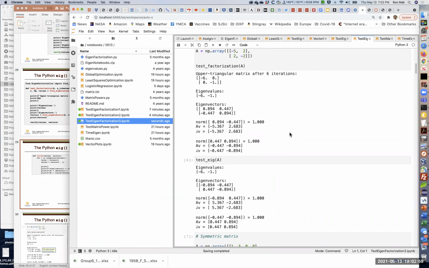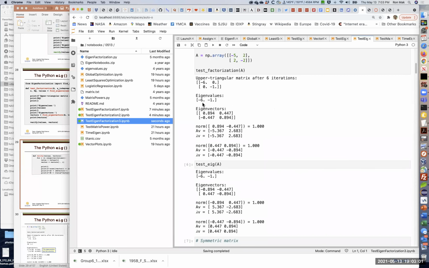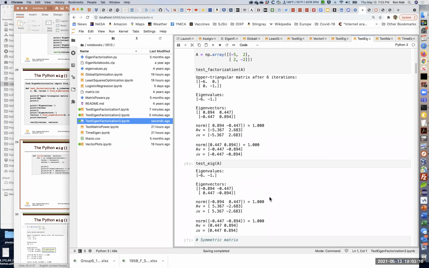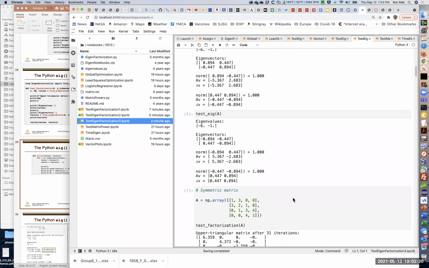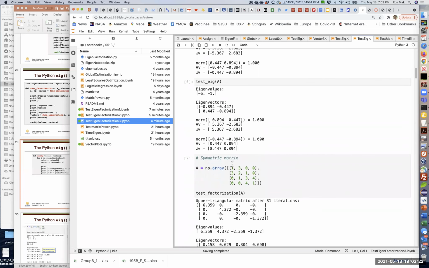Here we have 2 eigenvalues, and this is using a -6, and this is using -1, and sure enough, A times V is equal to lambda times V in both cases. The same thing here when we use EIG. Then here's another symmetric matrix. If you look along the diagonal on either side, here's a 3 and a 3, and a 0 and a 0, and so forth, a 4 and a 4.